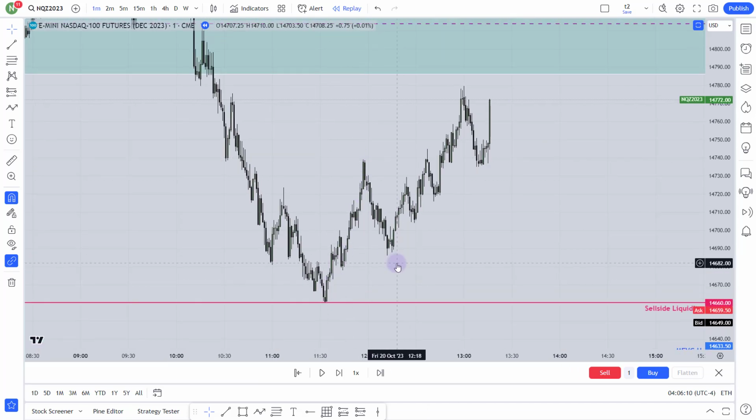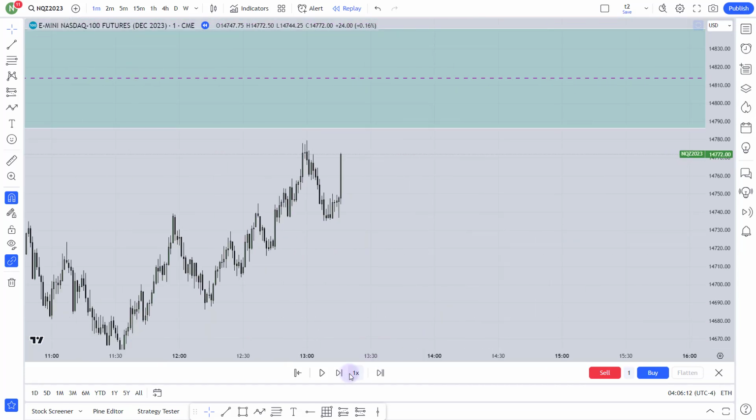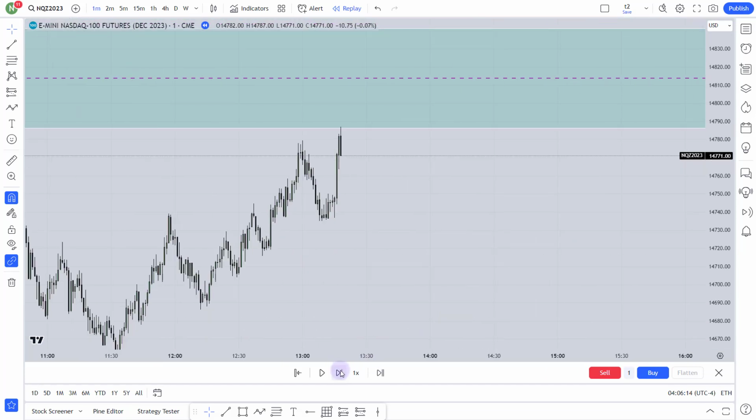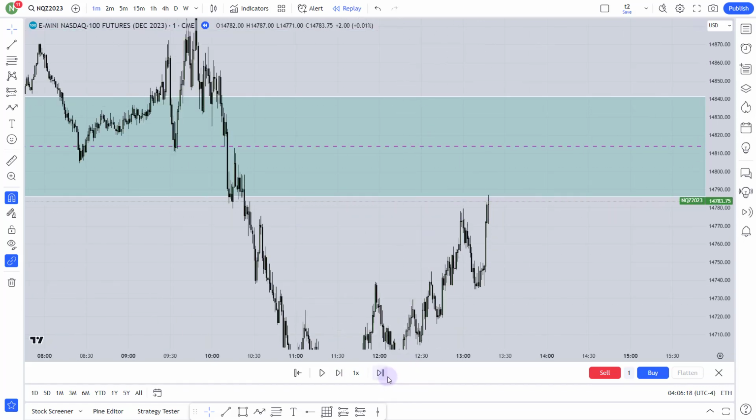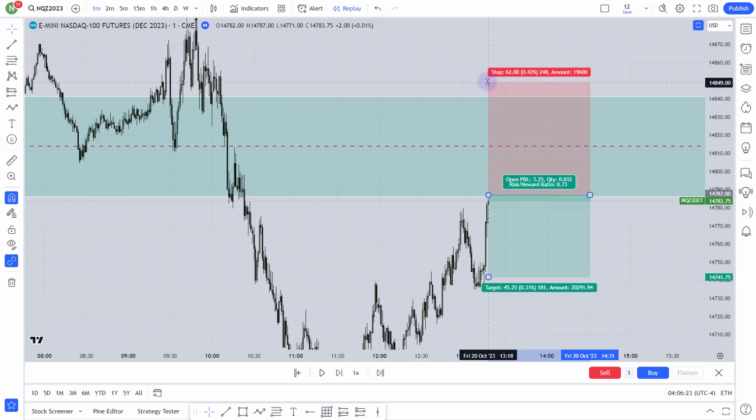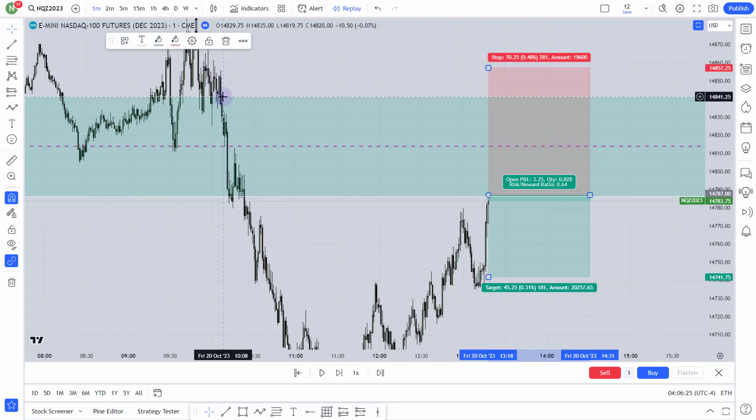Then it started to go higher again. Look at the price over here. It actually went to the lower part of the 15-minute fair value gap. So what should be your entry? You have to take your entry over there, and you have to put your stop loss above this swing high. Why?